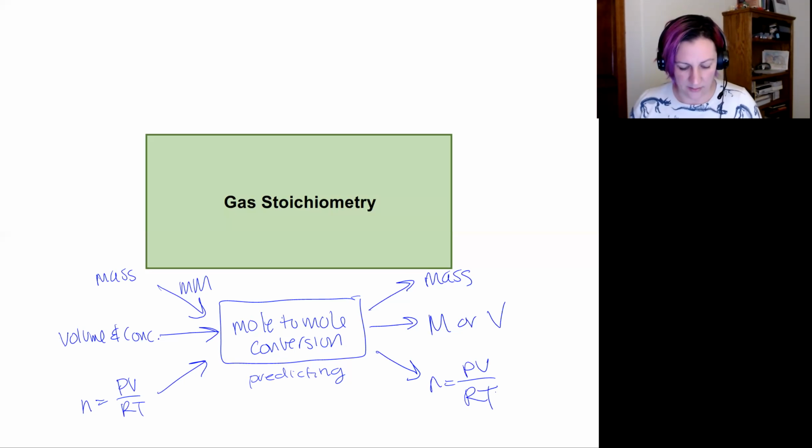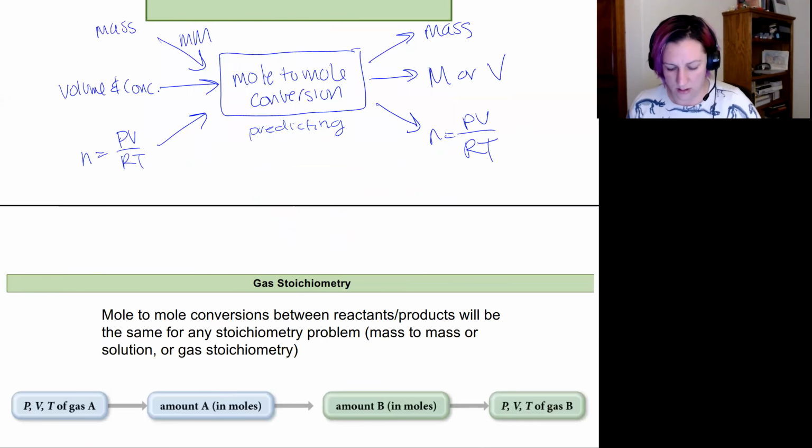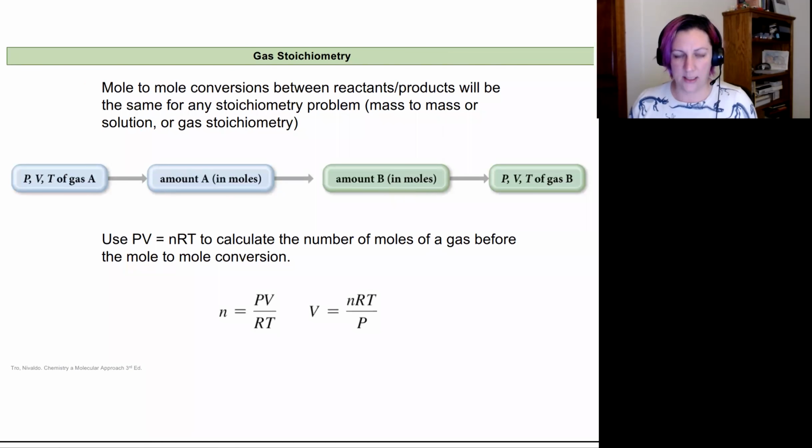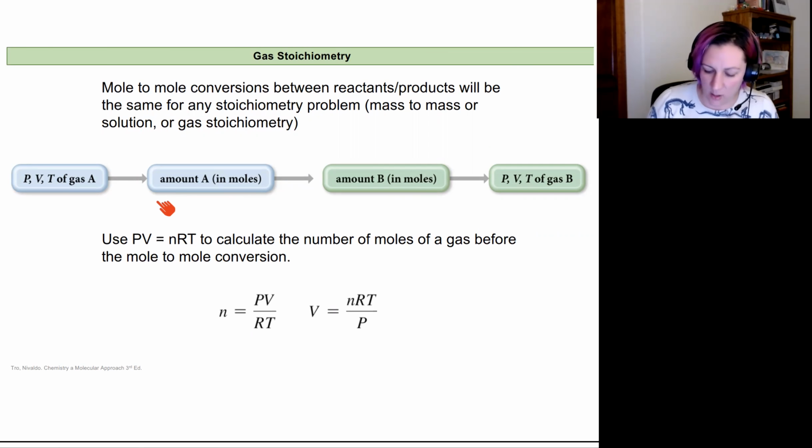So let's talk about this. When we focus on just the gas stoichiometry component, we're going to see that the multiple conversions between reactants or products will be the same as any stoichiometry problem that uses mass or solution information. And here's that core piece we were just talking about.